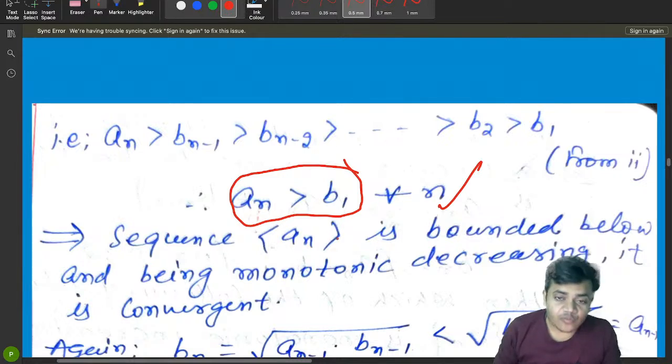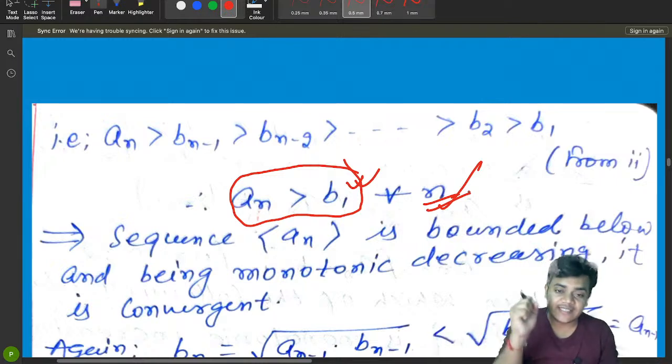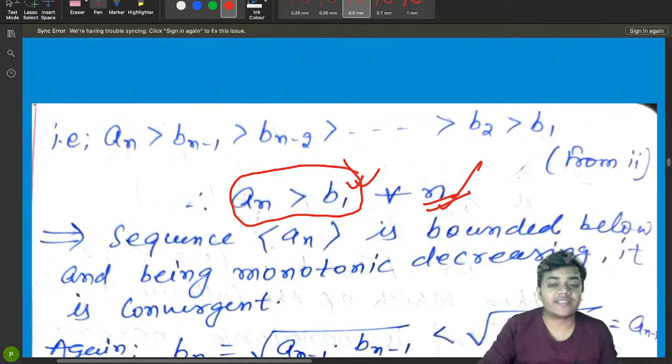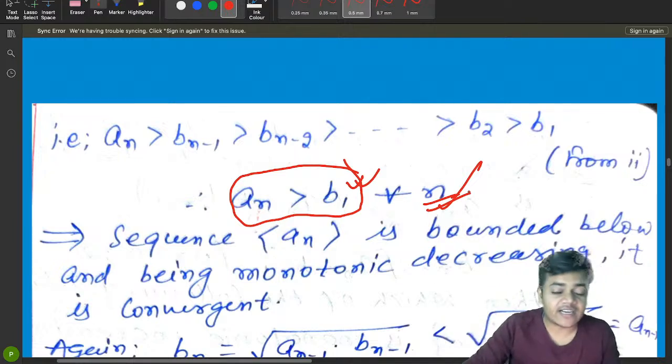And since the sequence an is bounded below, isn't it? From here it is clear that for every natural n, an is strictly greater than b1. So this implies an is bounded below. And earlier we had seen that it is monotonically decreasing. So it is monotonically decreasing and bounded, that's why it is convergent.